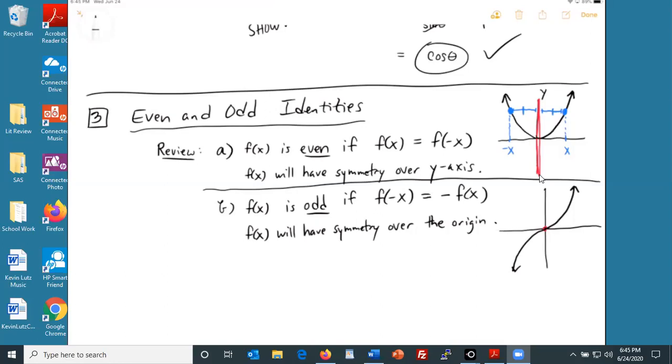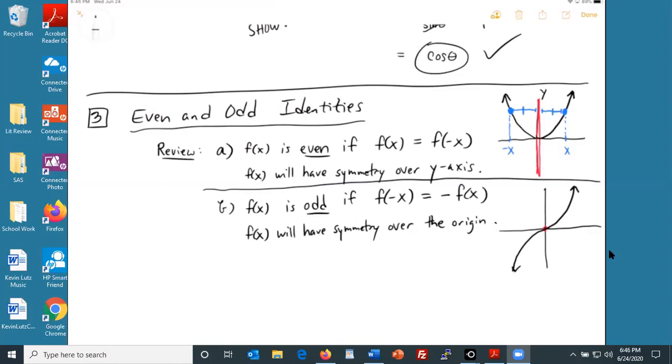A better way to explain symmetry over the origin is that it's symmetry over both the x and y axes. So if you were to take the right half and first flip it over the x-axis and then flip it over the y-axis, you're going to land on this bottom half.